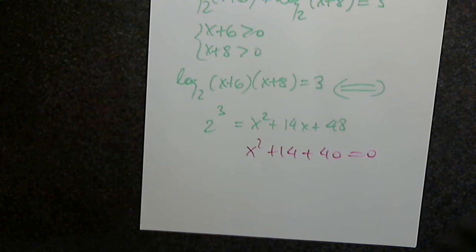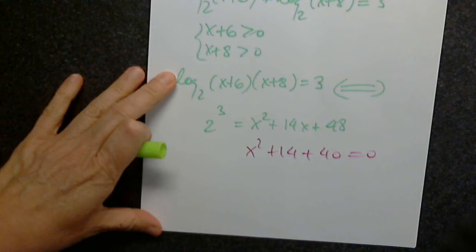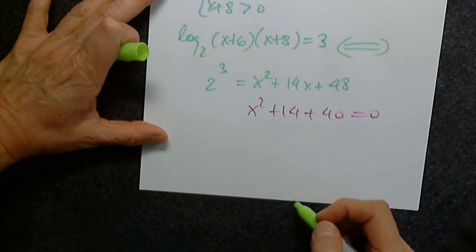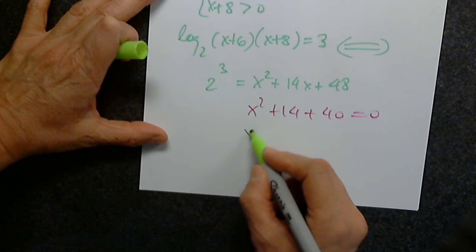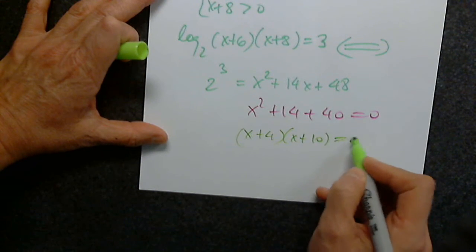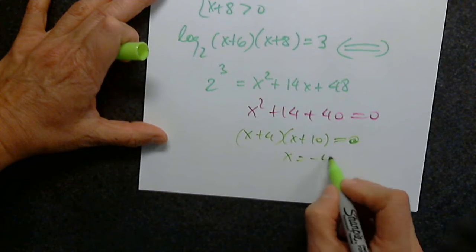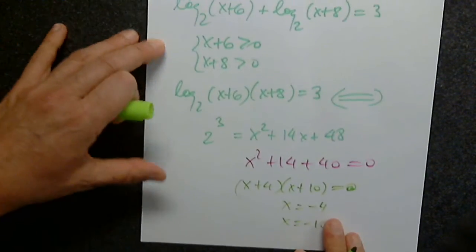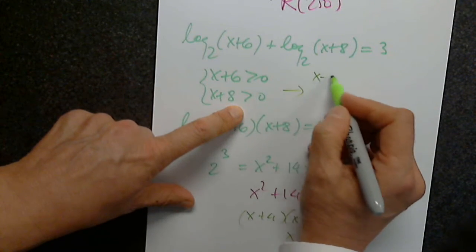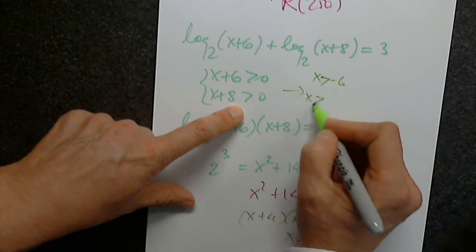Why do you write 40? Oh, okay, I see what we did. So it's x plus 4 and x plus 10. And we have 2 options, -4 and -10. And I was talking and I didn't finish here. So greater than -6 and greater than -8.